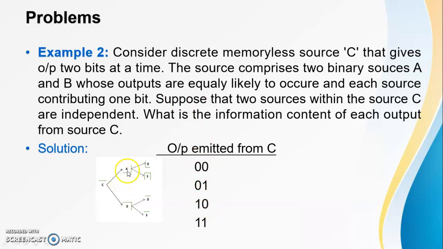That means C can emit either 0 0, or 0 1, or 1 0, or 1 1. That means A equals 1 and B equals 1.